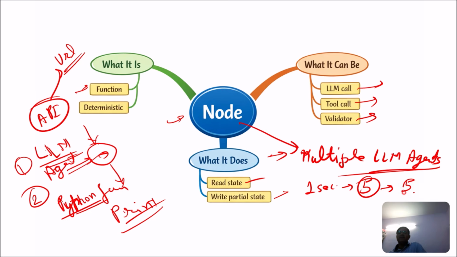So there will be at least 5 seconds of wastage. Another thing is that LLM agents generally talk to each other while giving answers. So there will be suppose another 2 to 3 seconds. They will share some memory, and that node will store information, so that reading and writing will take more time. So if you use multiple LLM agents inside a node, which is possible, it may be costly. So please design your system wisely in such scenarios.